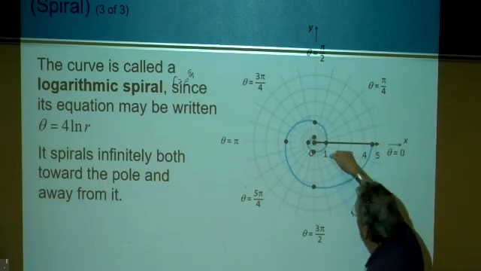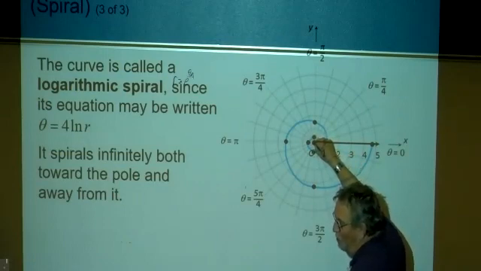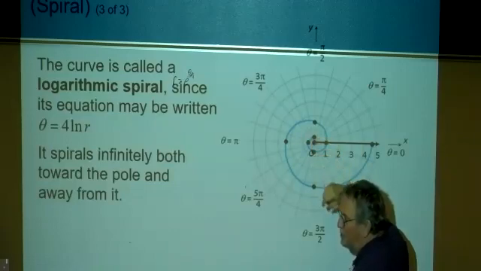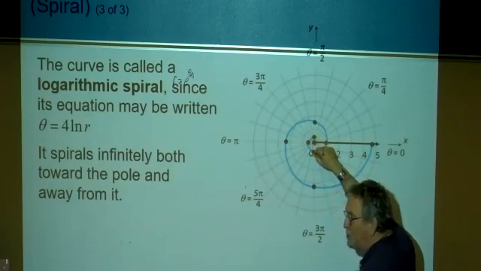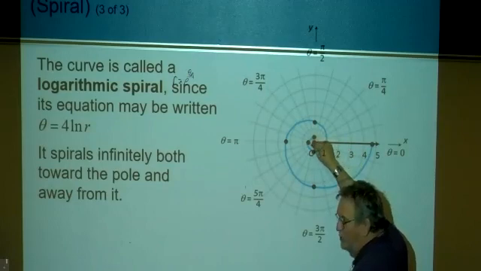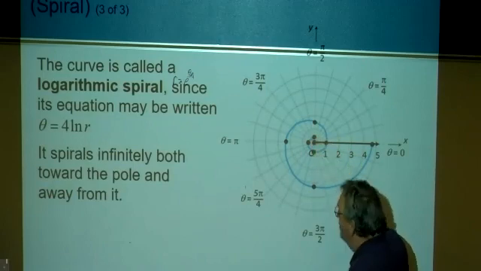As you go more and more negative, this spiral will come in, but it'll never reach the pole. It's like what happens to something that's going into a black hole. You're spiraling down into it, but from an outside observer, it looks like you go into it, but the person who's actually doing that never actually goes in.